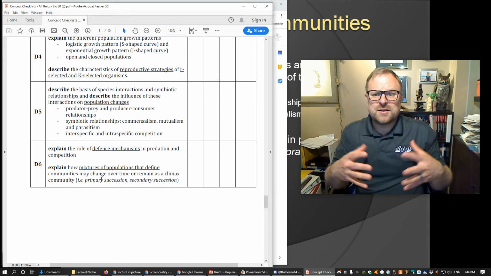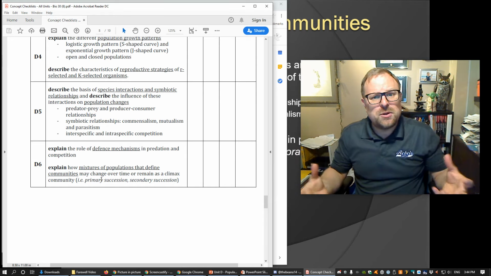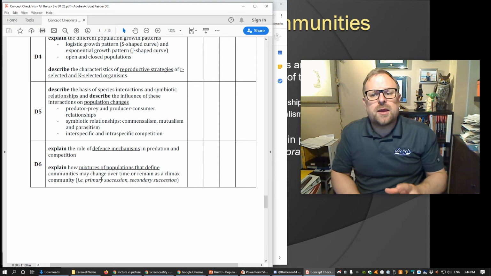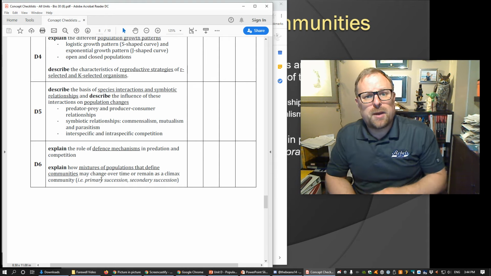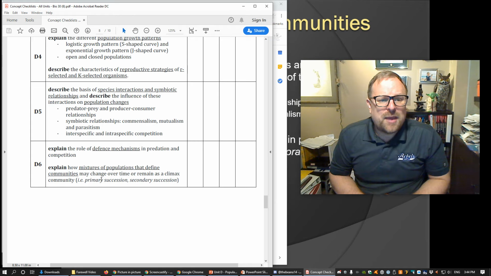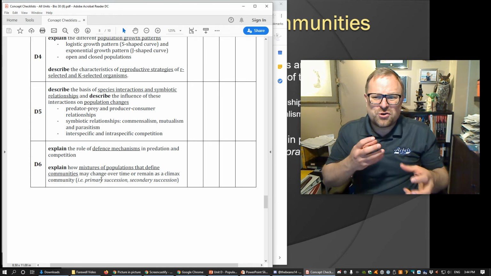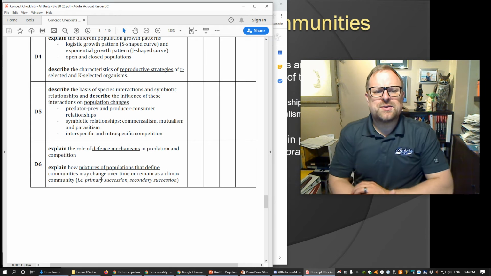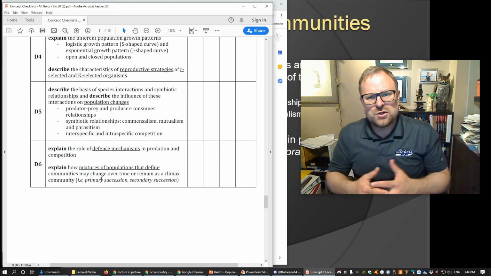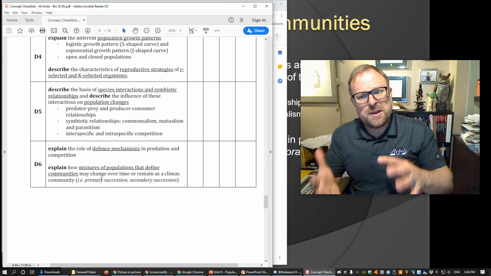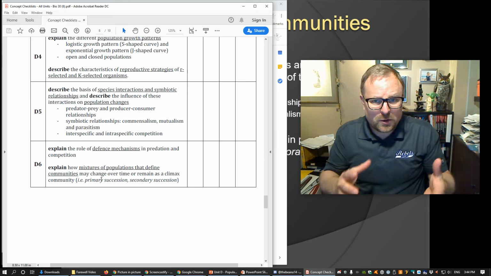D5, which has us looking a little bit more broadly at communities, and I'm going to define a community again for you in a minute, just to remind you what it means. And then we'll talk about the interactions within those communities and how the populations of different organisms might change based on the interactions within their community.